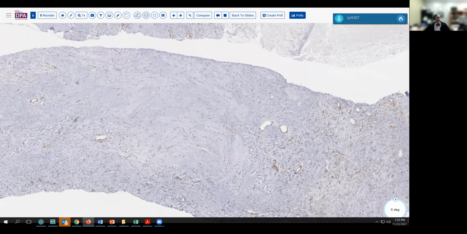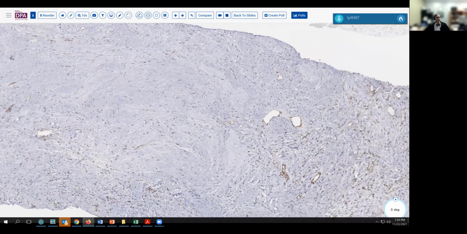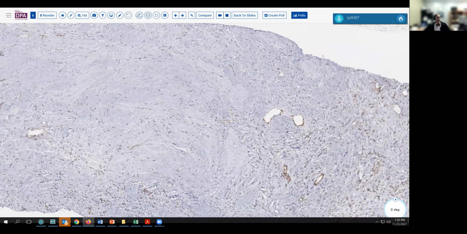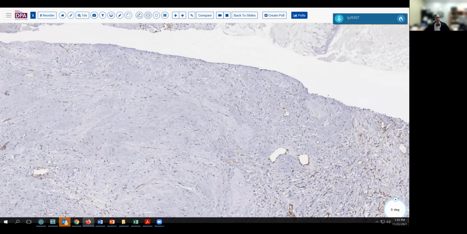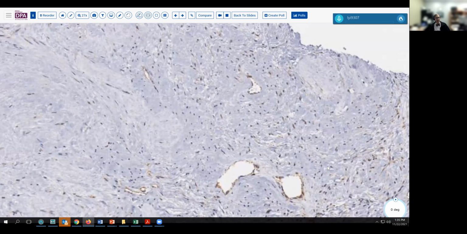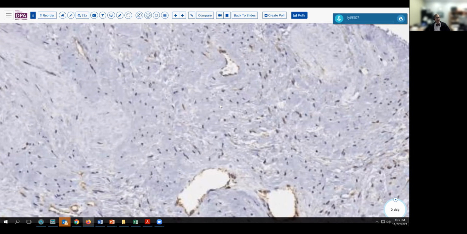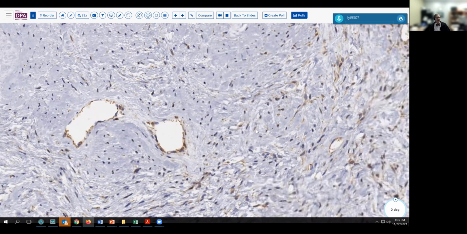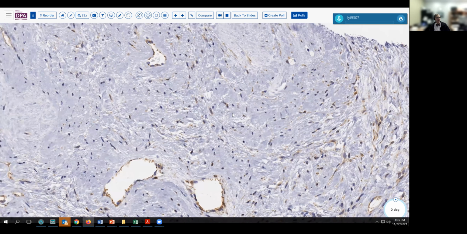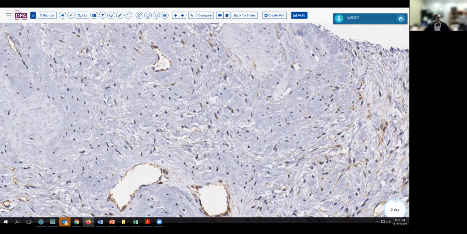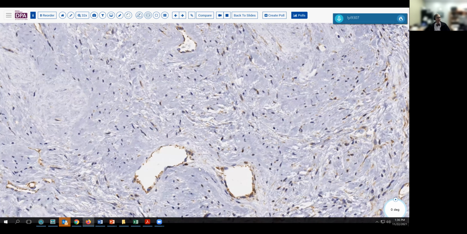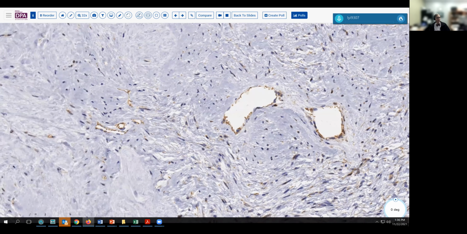So here's an example of a stain from a biopsy, and at low magnification, it looks pretty negative. However, as you come into higher magnification, you see that there are some cells here that are expressing this marker in the nucleus. And that's where we're looking for the expression. So we're looking for a nuclear expression of beta-catenin in this tumor.